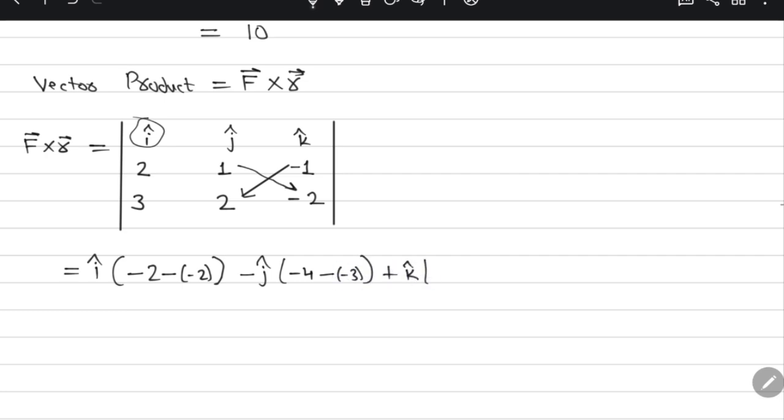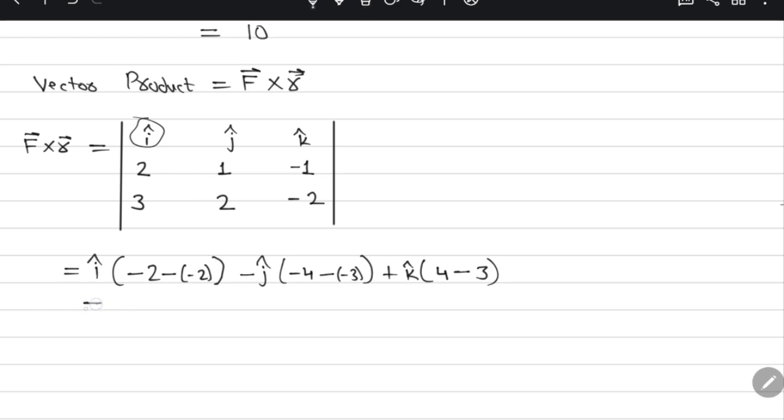For K cap, what you do: in the vertical direction, you hide the K term and do cross multiplication of I cap with J cap and J cap with I cap. Understand now? So here K cap is 2 twos are 4, and after that subtract 3 into 1.